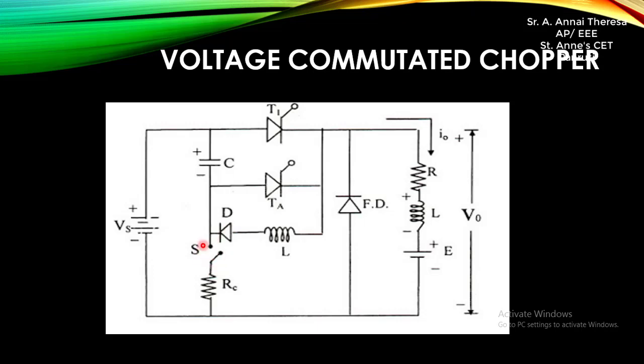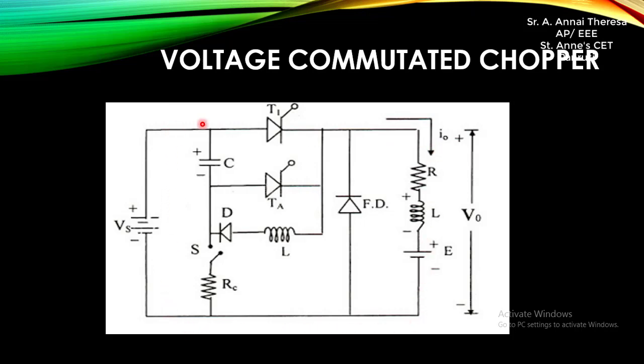This is the switch. When you close this switch, the capacitor will be charged through Vs, this capacitor, the auxiliary thyristor, and the load.